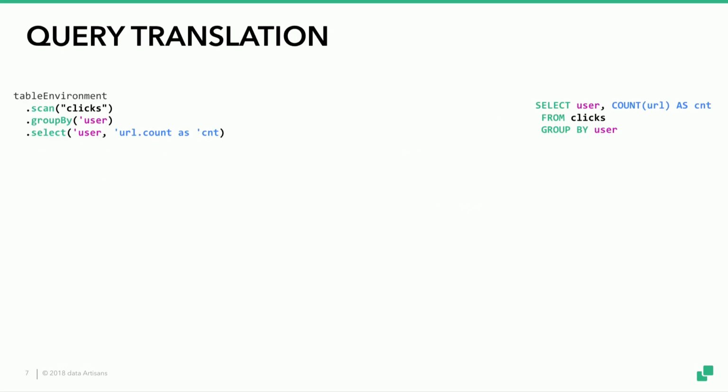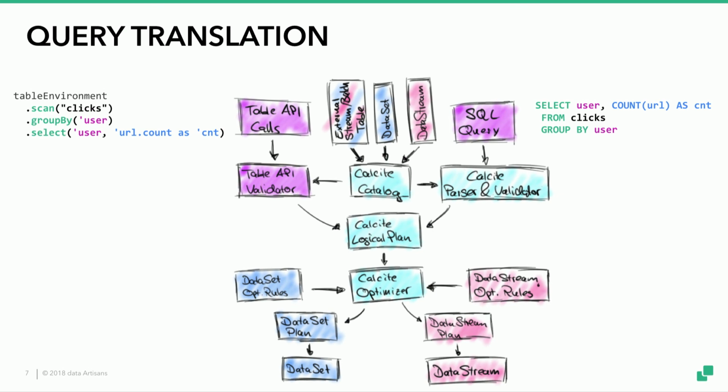So how do we do that underneath? Both APIs come together. First they are separate: we do some Table API validation, and we do some SQL validation and parsing using Apache Calcite. But in the core, we are using Apache Calcite for logical planning.